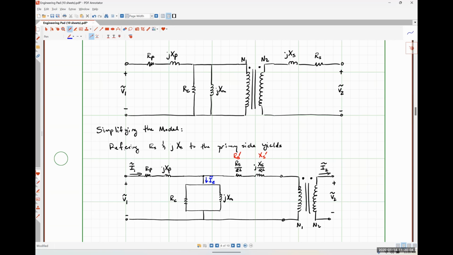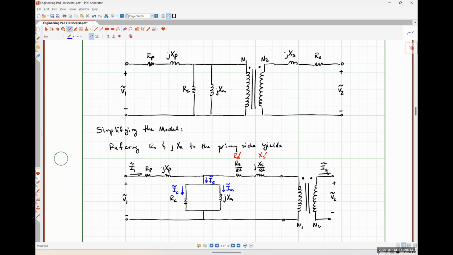Then we're going to have a current here, IC, that is our core loss portion of the excitation current. This is the portion of that current that is responsible for having the core heat up, giving us those associated losses. And then over here, we have what's called a magnetization current. This is the portion of the excitation current that is used to magnetize the core.